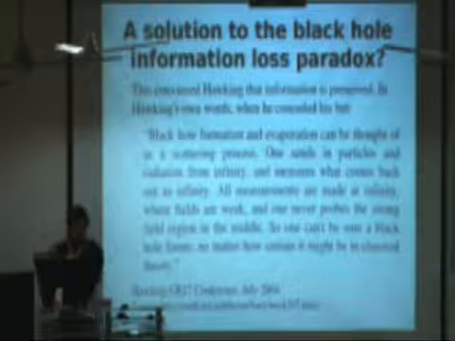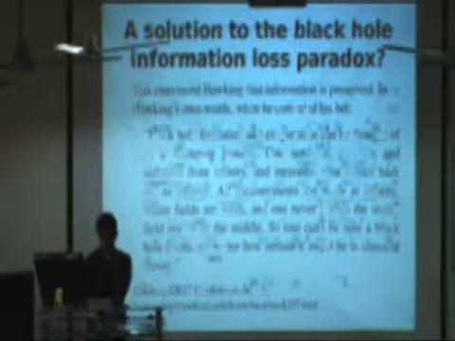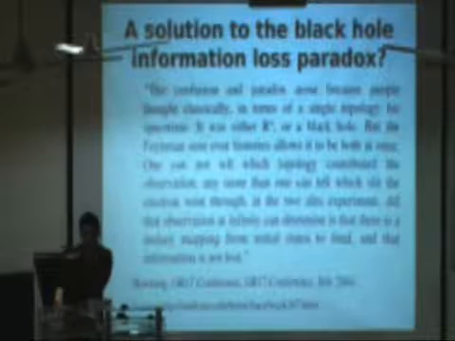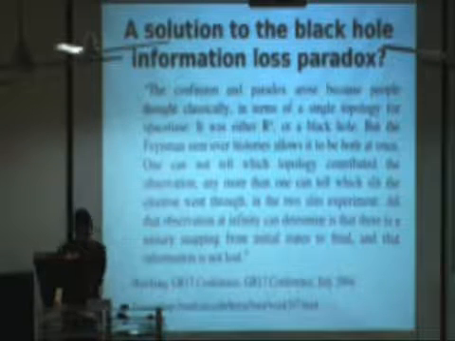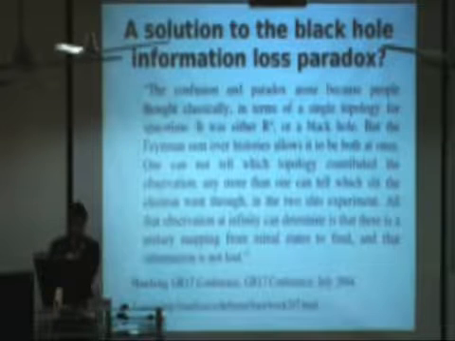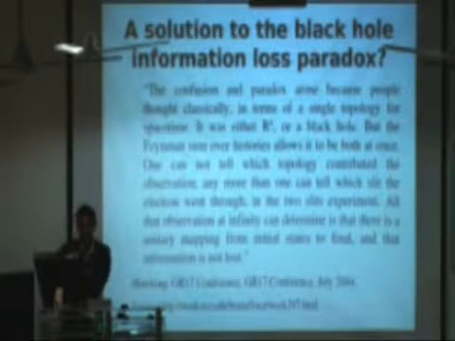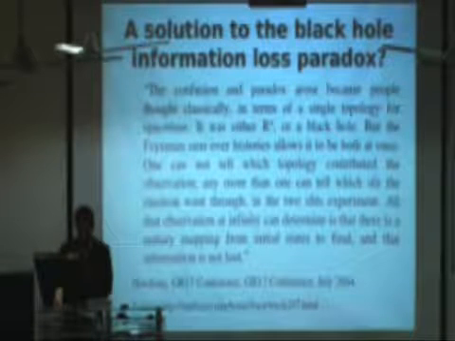So you're never sure that a black hole forms, no matter how certain it might be in the classical theory. The confusion and paradox arose because people thought classically in terms of a single topology for space-time. So there's either a flat space or a black hole, but the Feynman sum over histories allows it to be both at once.